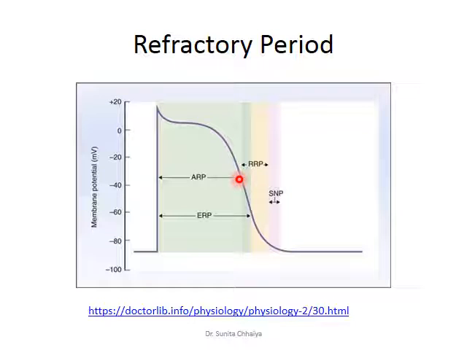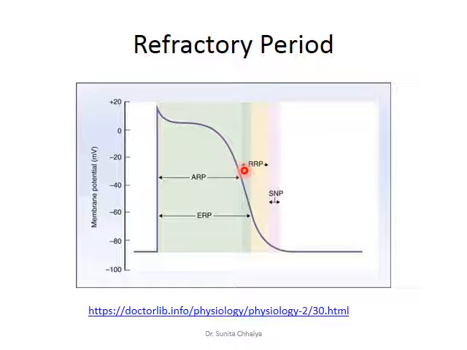Then there is the relative refractory period. This is a period when a higher strength of stimulus can excite the cell, and that also results in propagation of an action potential. So that is from mid phase 3 to the end of phase 3.